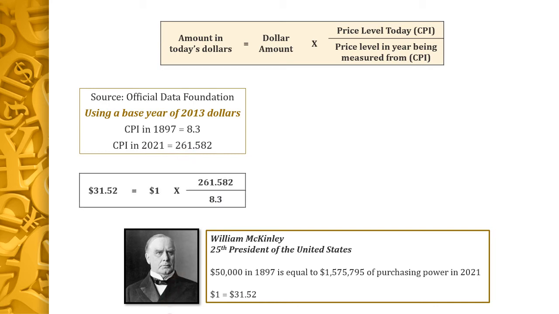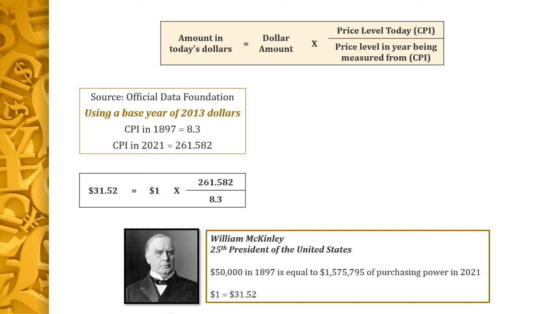Simply putting that into the formula, you would say that $1 today would be equal to $31.52 from 1897. I'm determined to say 19, so I apologize on that one.